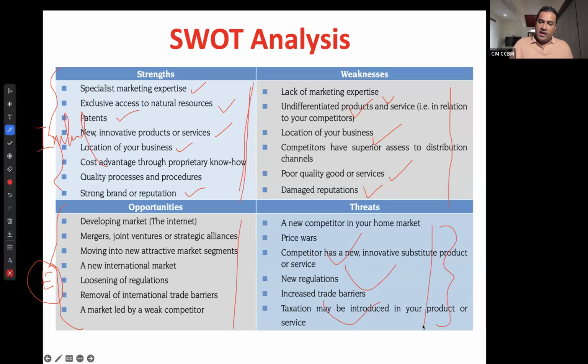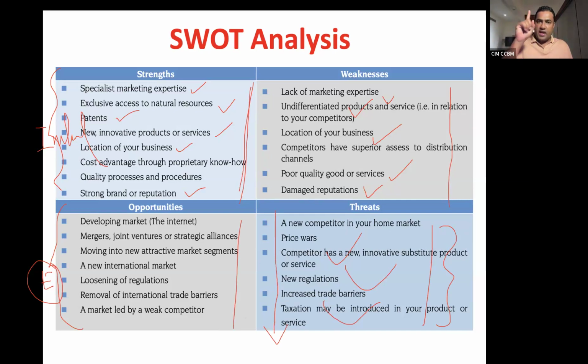There can be so many kinds of threats. So you have to create an exhaustive list of strengths, weaknesses, opportunities, and threats. But remember, strengths and weaknesses are internal to the organization. Opportunities and threats are external to the organization.